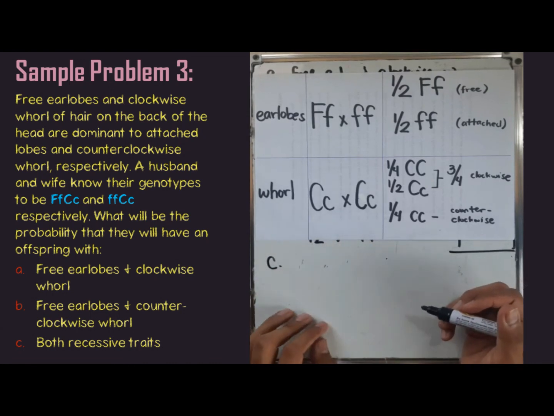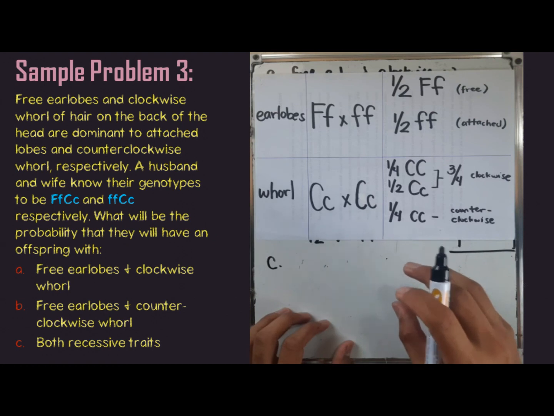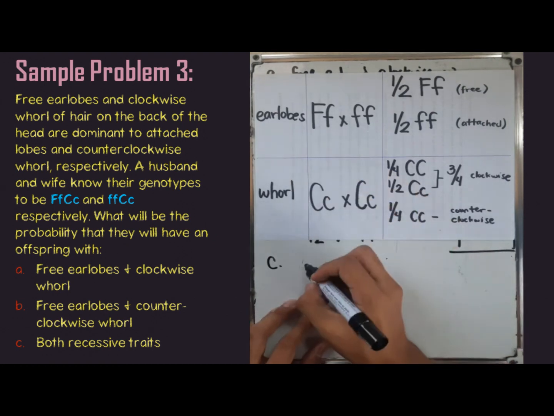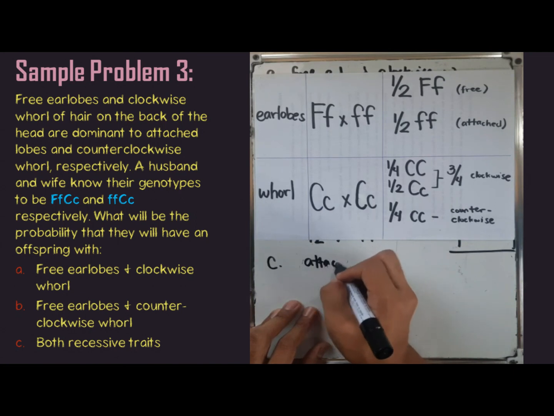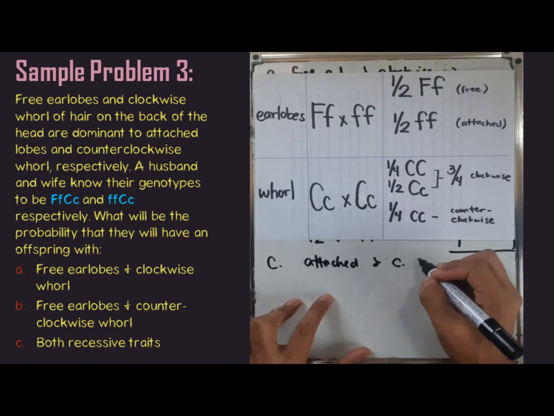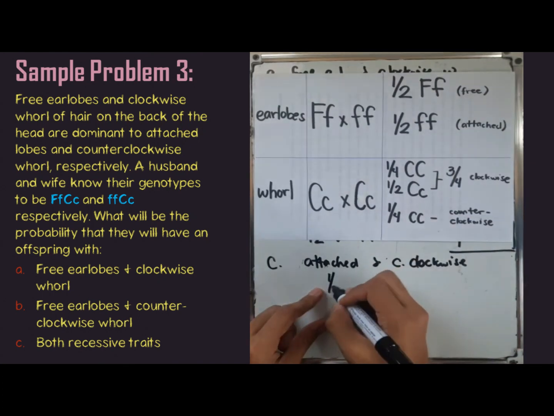Okay, and lastly, let's now proceed with letter C. For letter C, it is the presence of both recessive traits. So once again, what are the different recessive alleles that are present on the earlobe and the whirl? For the earlobe, it is the attached earlobe. And when it comes to the whirl, it is the counterclockwise. For the attached earlobe, it is equivalent to 1/2 probability.